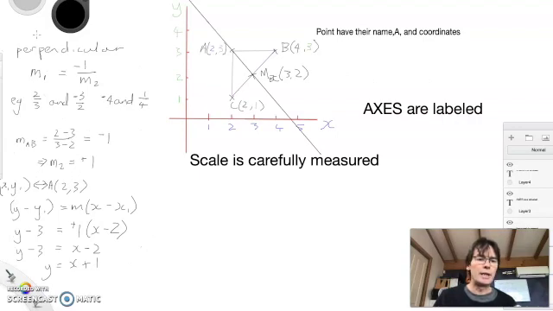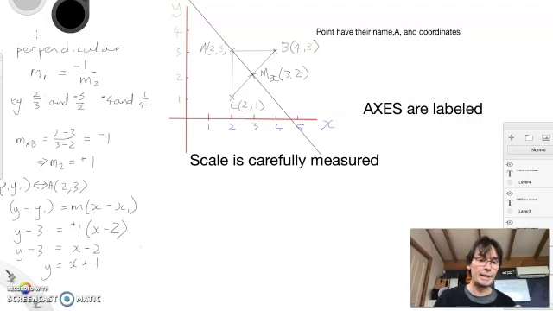So we already figured out the gradient of that line between A and the midpoint. It was -1. So all we need to do is flip -1 upside down. So -1 is just -1 over 1. Flip it upside down and change its sign. And the second gradient would have to be +1.